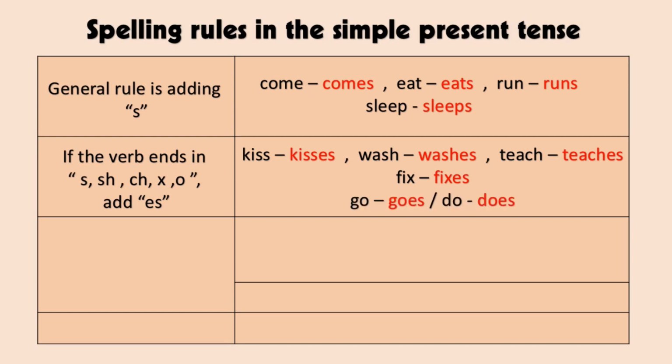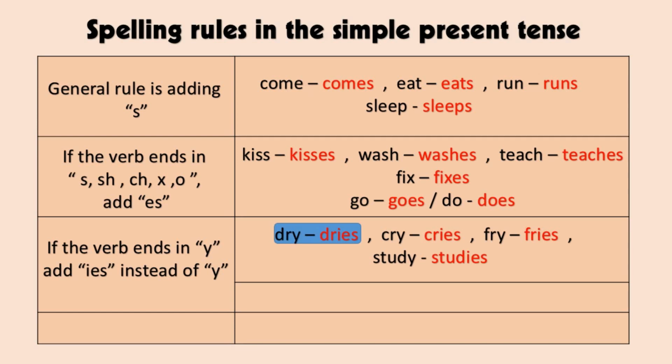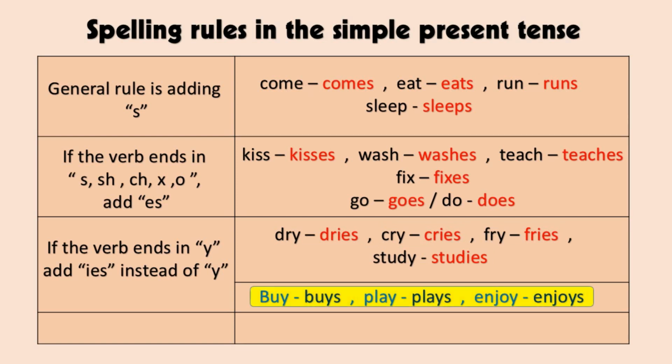Also, when the verb ends in y, we need to add ies instead of y. For example, dry dries, cry cries, fry fries, study studies, and so on, right? But here, although the verbs like buy, play, enjoy end in y letter, we don't add ies instead of y. We just add s. Here we apply this general rule.